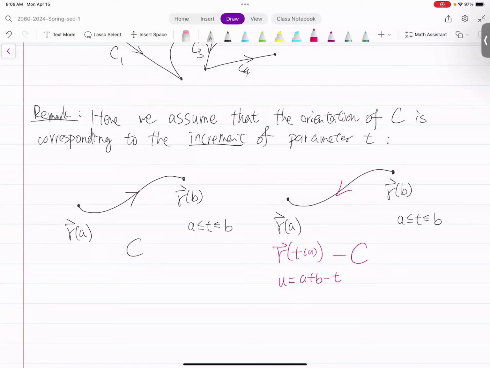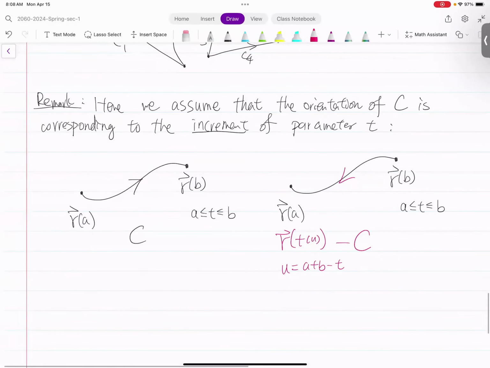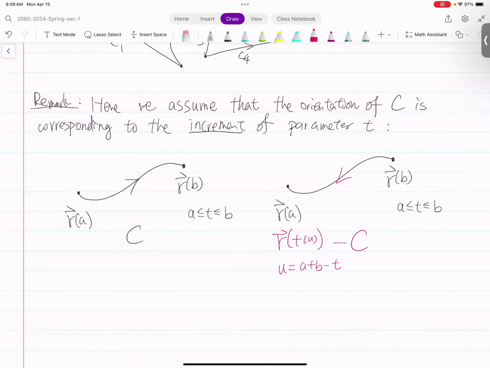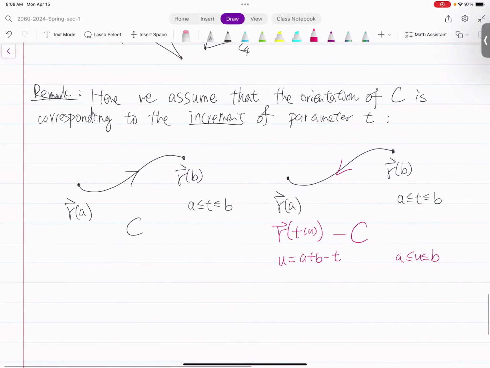Okay. So here you're just using another parameter u, so t of u represents the parameter that you plug into the vector function. And now u also goes from a to b, right? So basically, when u is a, then this t is going to be a plus b minus u, which is of course the b value, which is going to be right here.